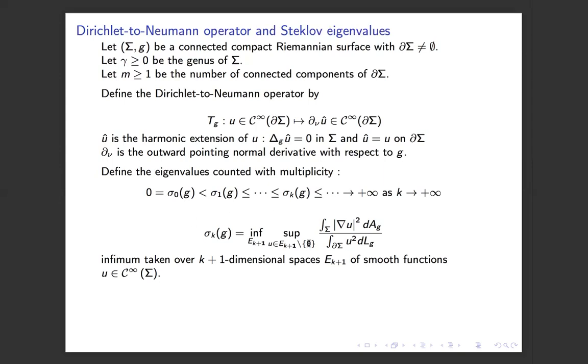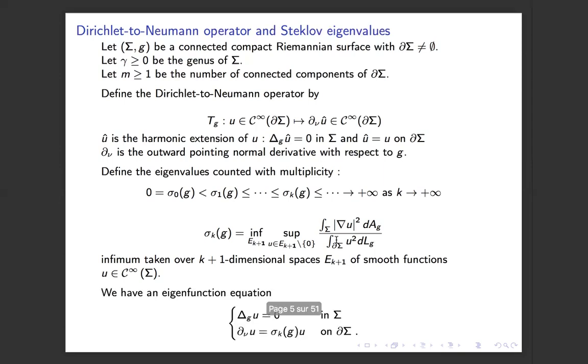We have a variational characterization of Steklov eigenvalues, like for the Laplacian. And notice that the difference with the Laplacian is that the denominator is here an integral on the boundary of the surface. But the analysis will be very similar to the analysis of the Laplacian.